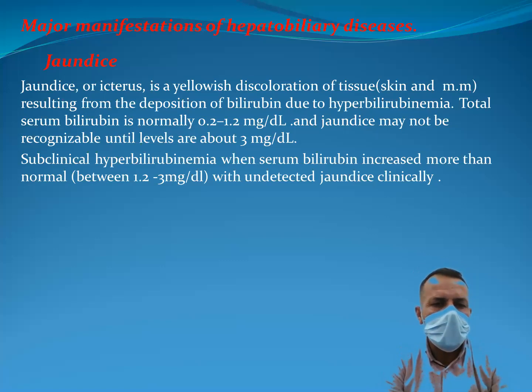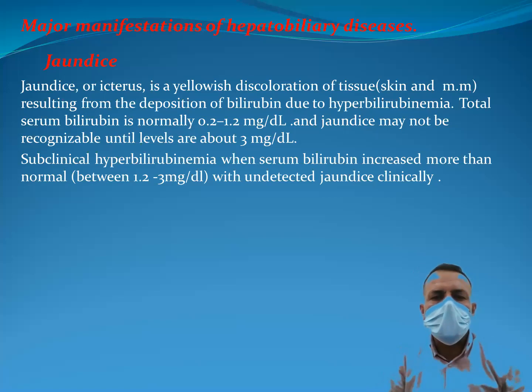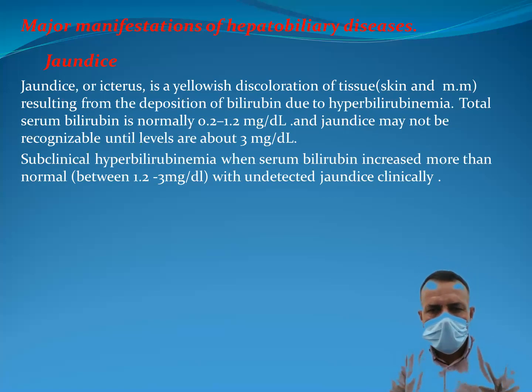Jaundice, or icterus, is yellowish discoloration of the skin or mucous membrane resulting from the deposition of bilirubin due to hyperbilirubinemia.